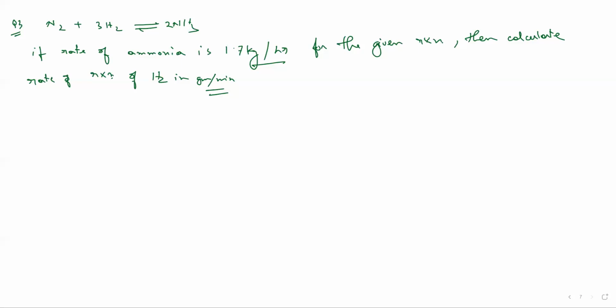Completed. Now from this, how can you write the rate? Rate equals, can I write, minus dN2 by dt, minus 1 by 3 dH2 by dt, equals 1 by 2 d of NH3 by dt.